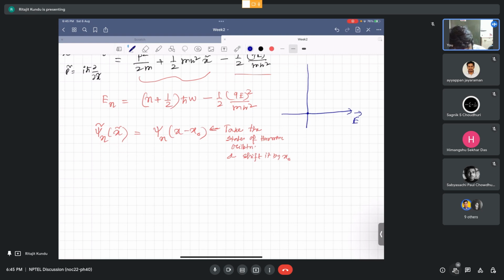It is a little bit shifted, and it has a minus energy also. Let me call this part x0, and this is my minus half q e whole square by m omega square. So you now have a shifted harmonic oscillator, and the solution is pretty simple.